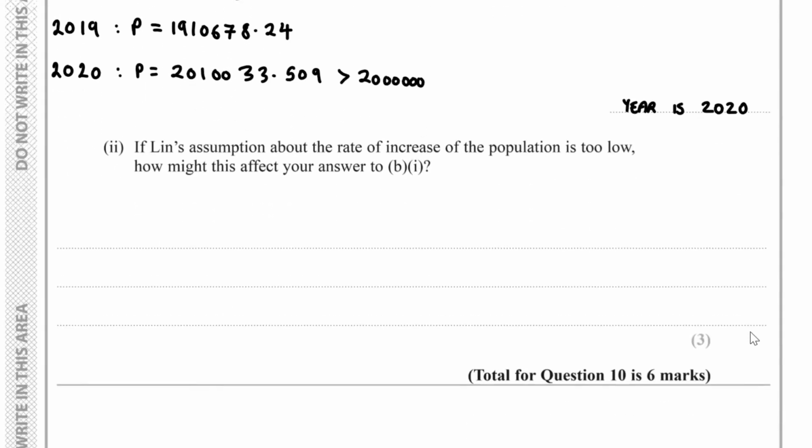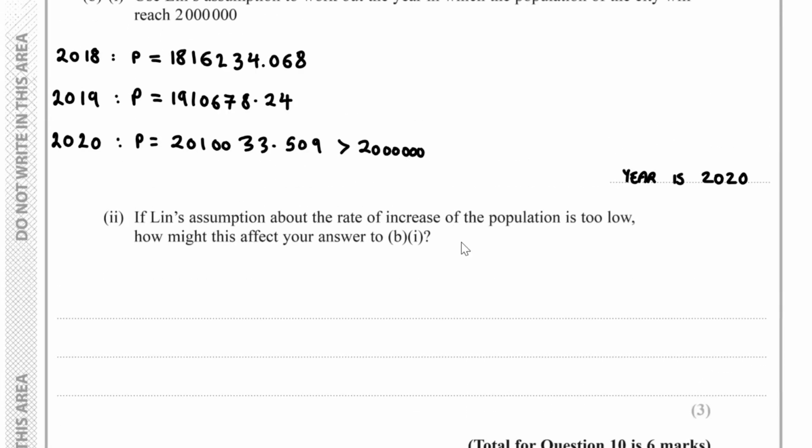And now for the next part, if Lynn's assumption about the rate of increase of population is too low, how might this affect your answer to part B(I)? Well, what we're saying over here is the rate of increase is lower. So this means that the rate of increase is less than the 5.2%.